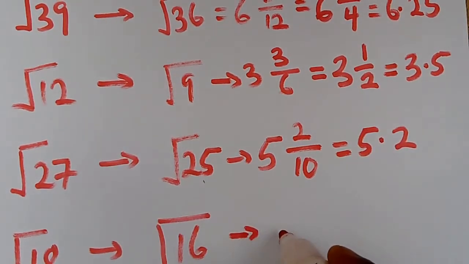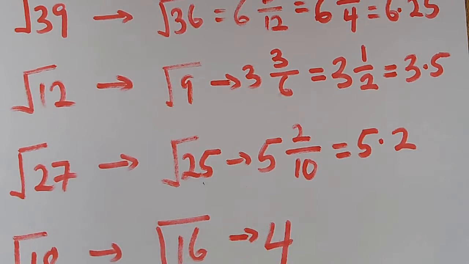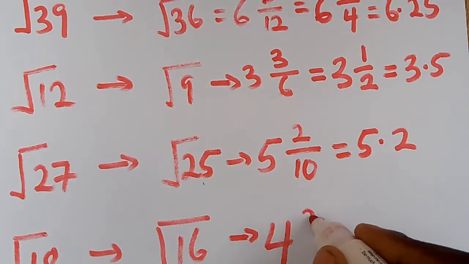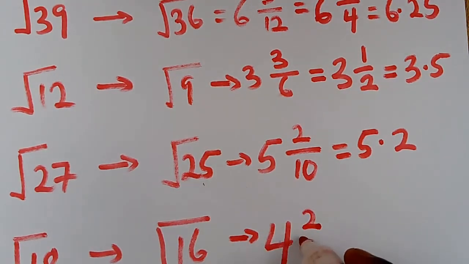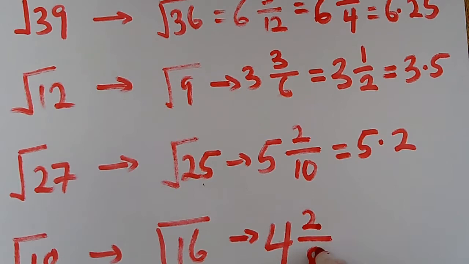Okay, so write our 4 here, and then 16 plus 2 will give us 18. So the 2 will come here as a numerator. And then we double the 4, and then we will get 8 like this.